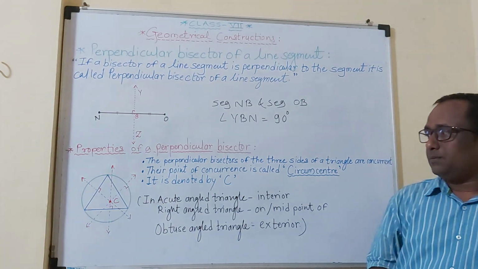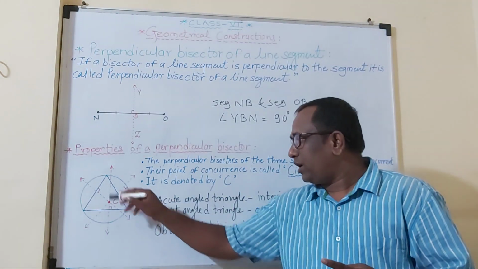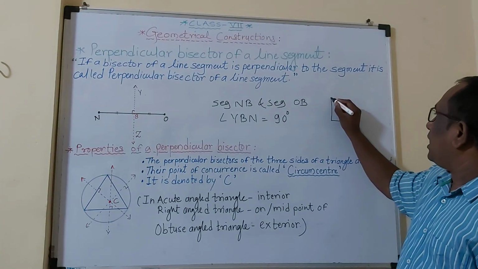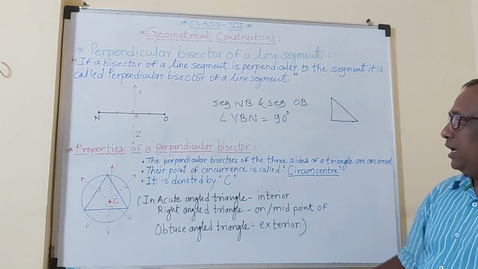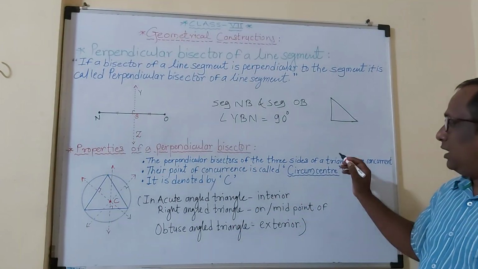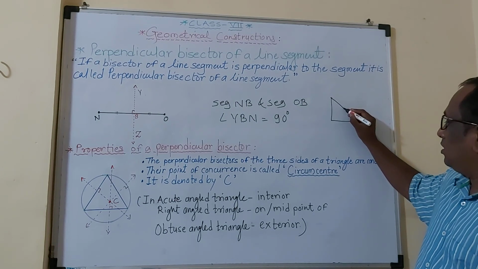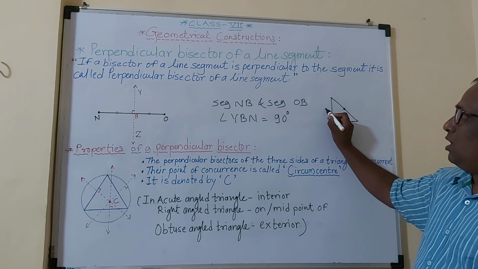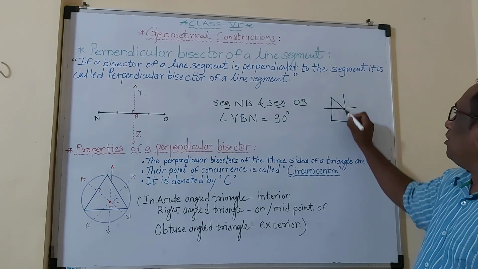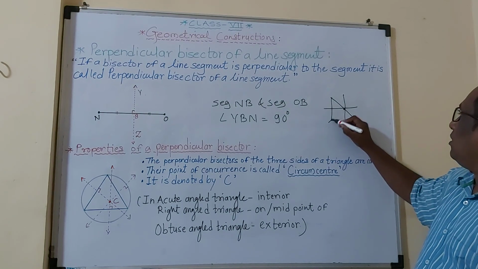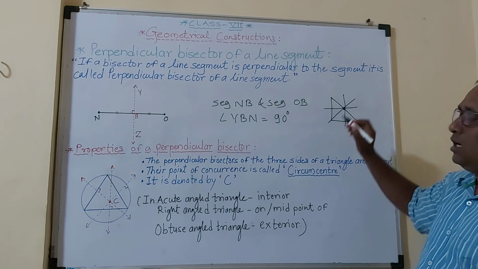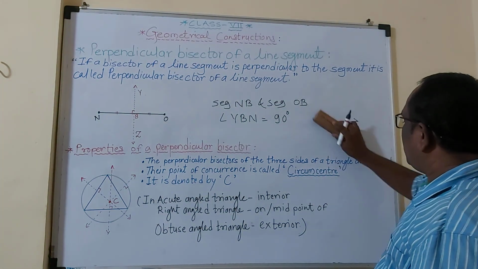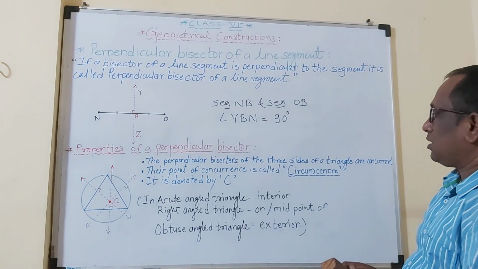Now see students, in three types of triangles. This is the acute angle triangle. Now in a right angle triangle, if we draw a right angle triangle, then the circumcenter is on the midpoint of the hypotenuse. If you draw the perpendicular bisectors this way and this way, this is at the center, or on the mid of the right angle triangle's side.